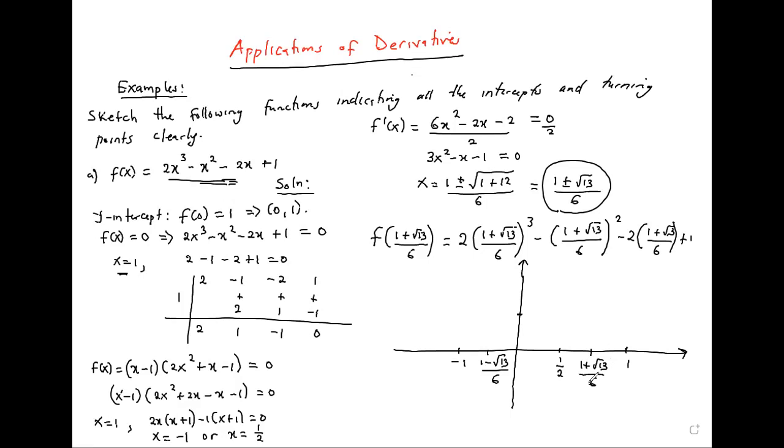Okay, so this means that this guy is going to be turning somewhere here and then come down to cross at half, turn somewhere here, and then go up. So we couldn't just find these, which we are going to find by substituting these values of x in the original function.